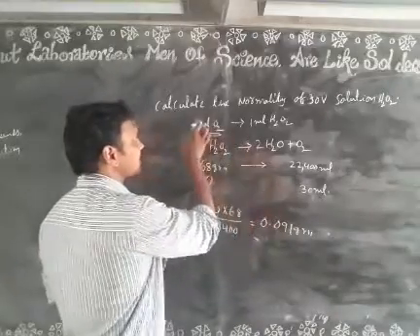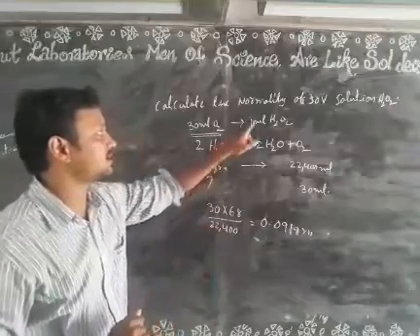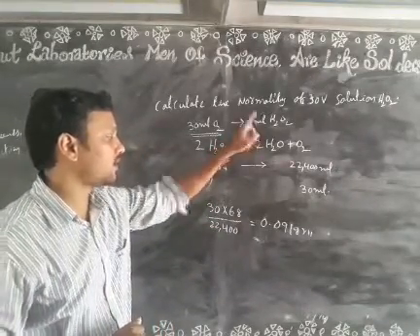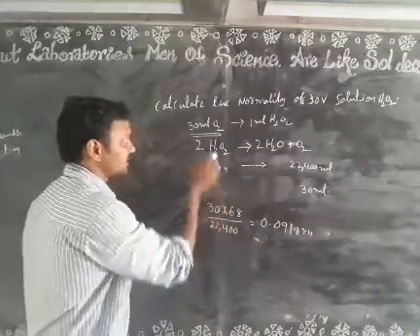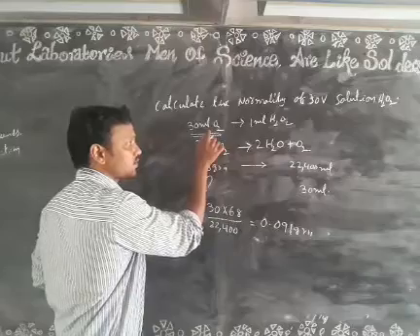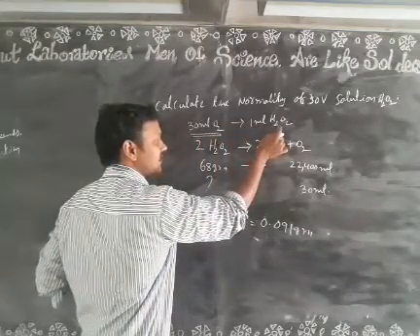So what is the definition of 30 volume? See, if you observe here, 30 ml of oxygen is produced when 1 ml of hydrogen peroxide is decomposed.